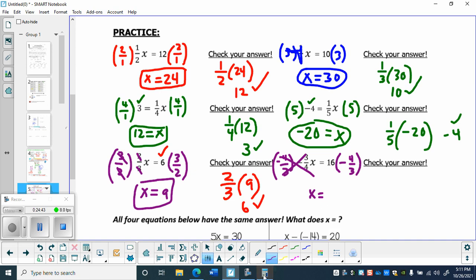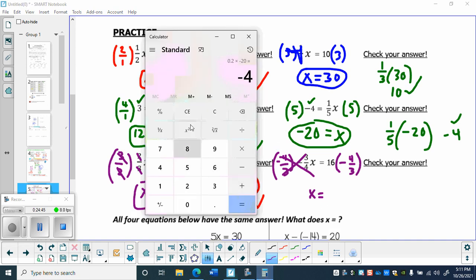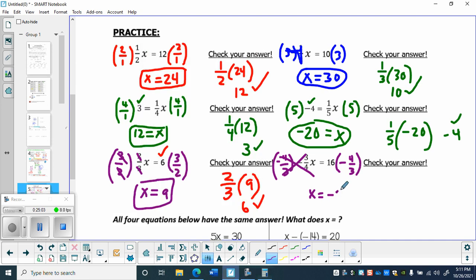And now let's get that 4 over 3. So see how I did that? I just did a -4 over 3. So I've got that in the calculator. Now I'm going to hit times my 16. Cool. So a negative 21.333, negative 21.3 repeating, and I'm just going to put the line over my decimal.